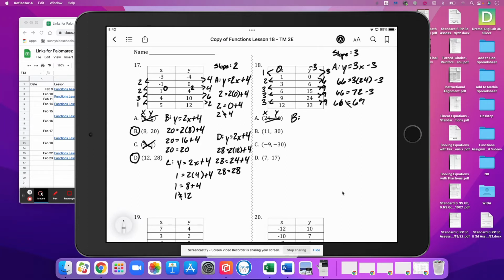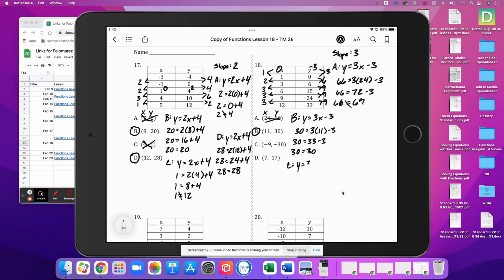B, we've got y equals 3x minus 3. So 30 equals 3 times 11 minus 3. 30 equals 33 minus 3. And so yes, 30 is equal to 30. So B satisfies the function.